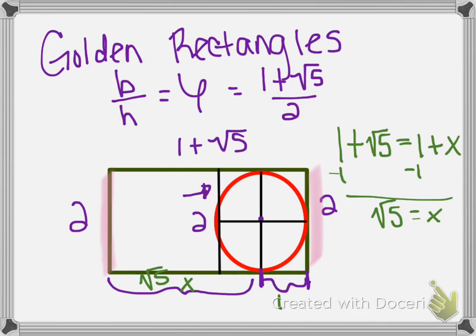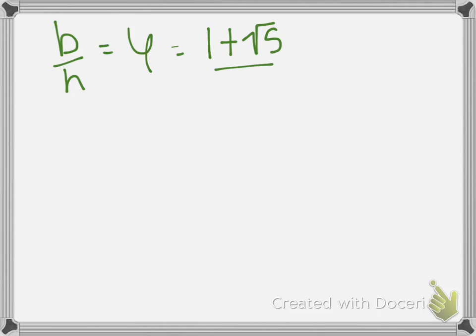Now that we have our lengths, we can determine whether either one of these 2 smaller rectangles is a golden rectangle. Again, a reminder: a golden rectangle is when you take the base over the height and it gives us the ratio of phi, which is equal to 1 plus the square root of 5 over 2.